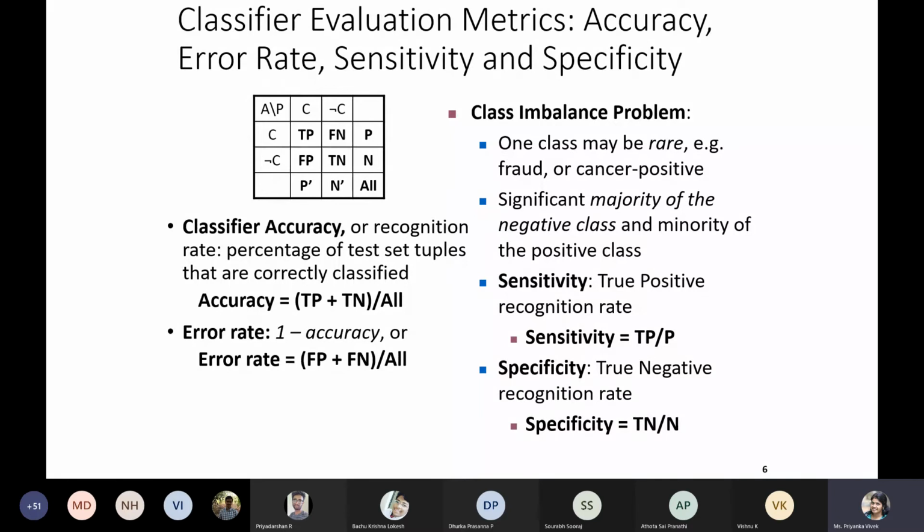We may not see the algorithms, but you should understand that there are ways to handle class imbalance. What is the class imbalance problem? When we talk about a two-class problem, say cancer positive and negative, one class has very few samples, like we saw in the previous example, and the other class has a large number of samples.